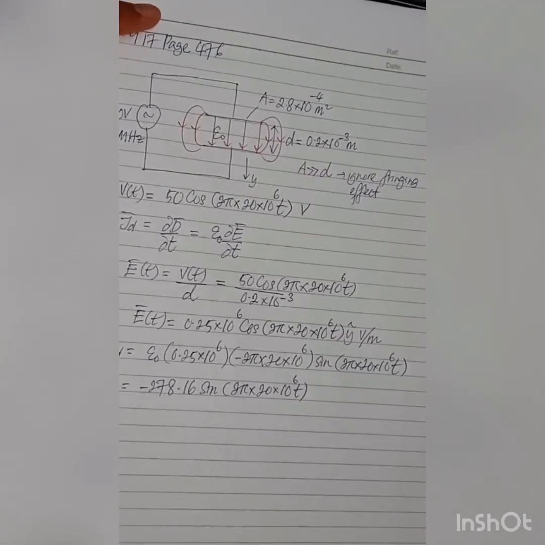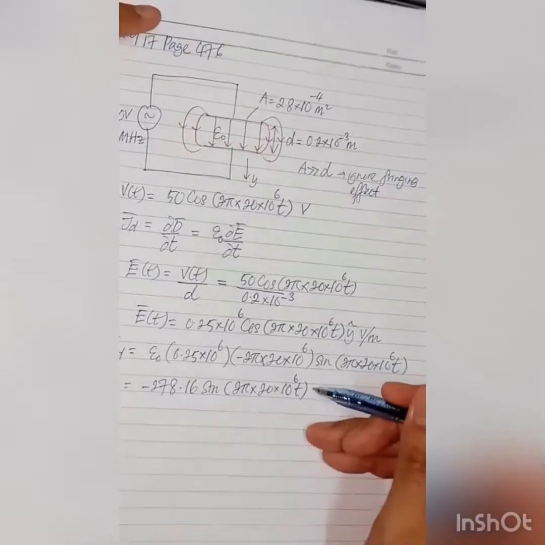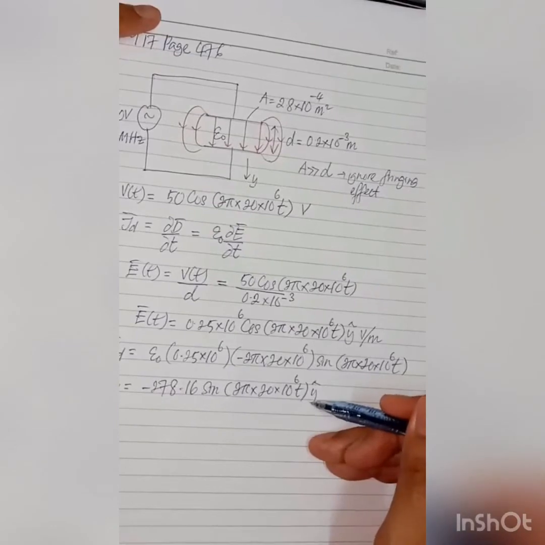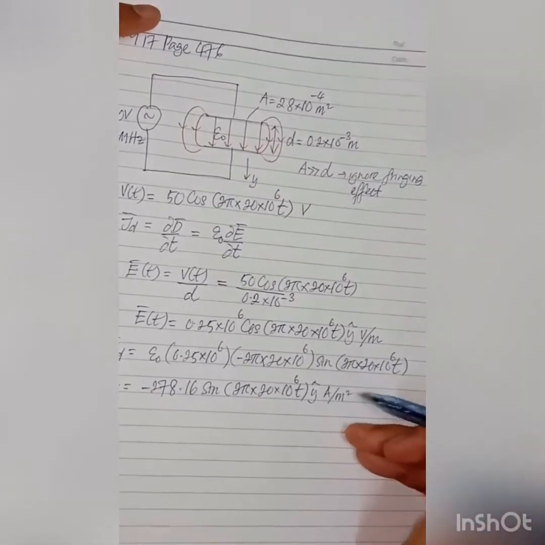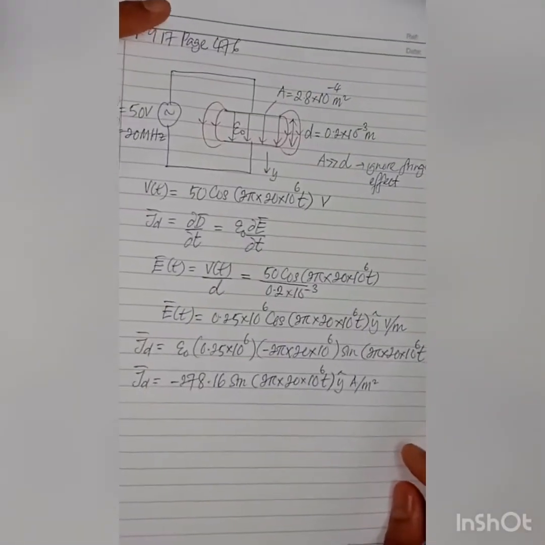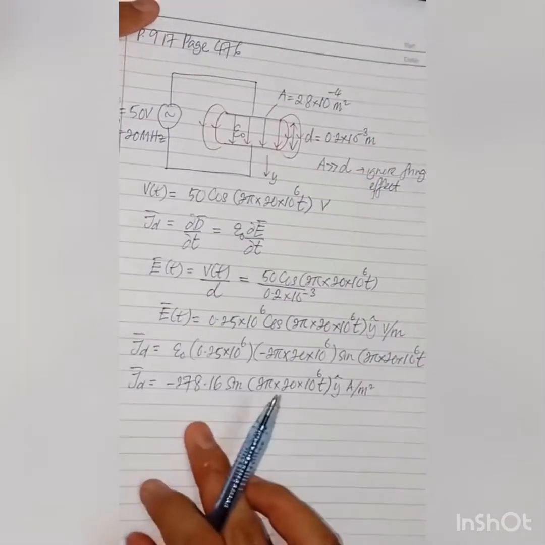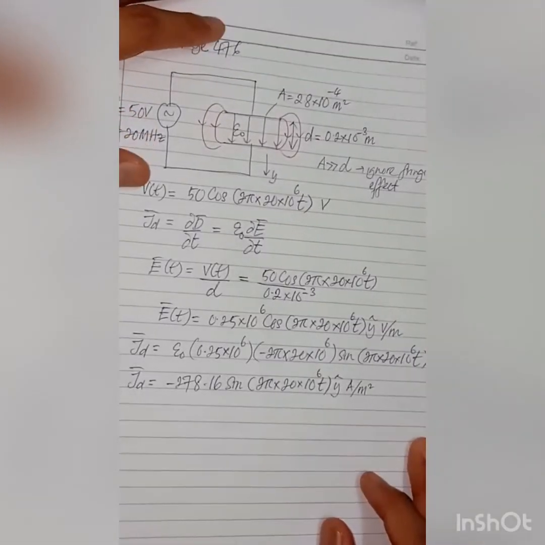It also has the same direction in the y direction, and it has unit of ampere per meter squared. That's our complete equation of the JD.